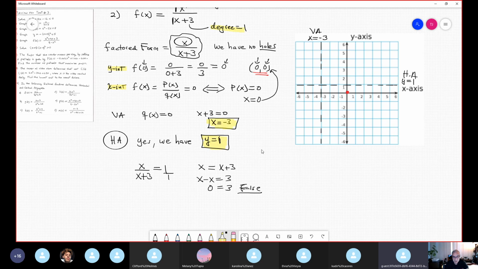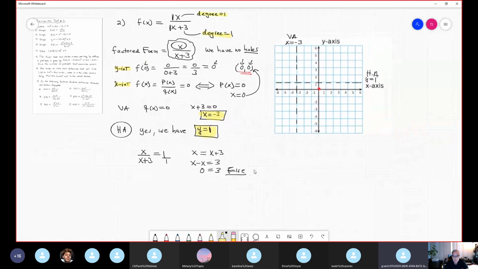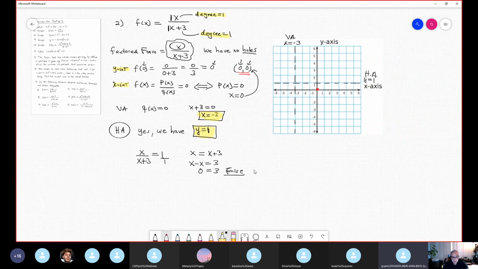Okay, nice, I like that. What more information do we need? We need symmetry analysis, because symmetry analysis allows me to determine if it is even or odd. You make a reflection: change x for negative x.